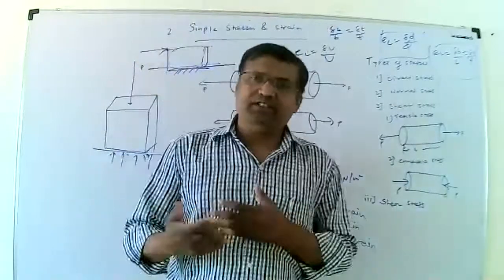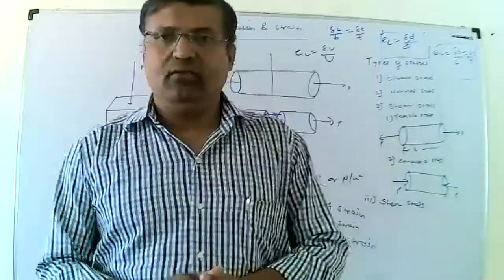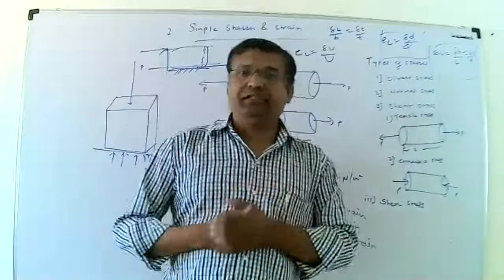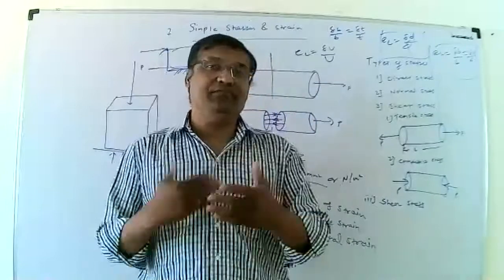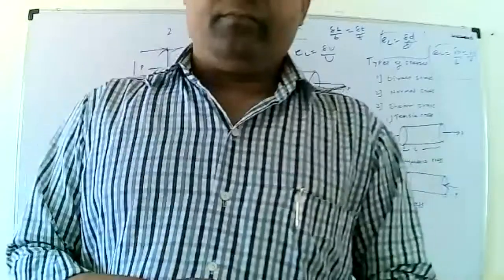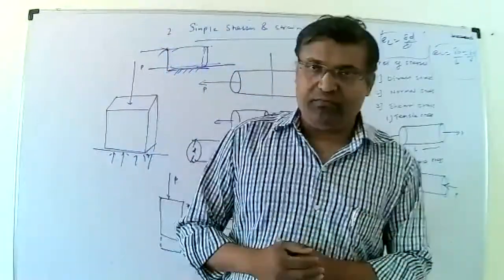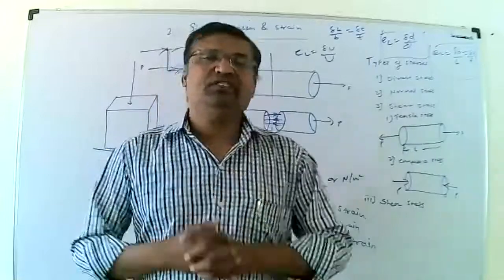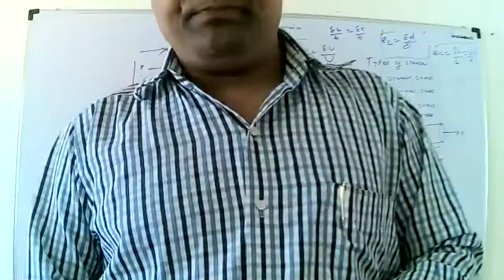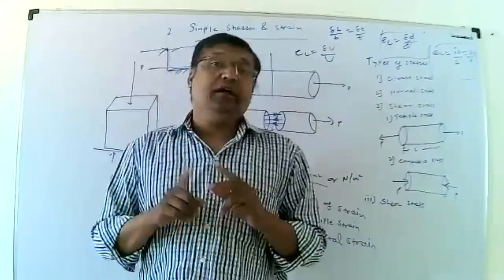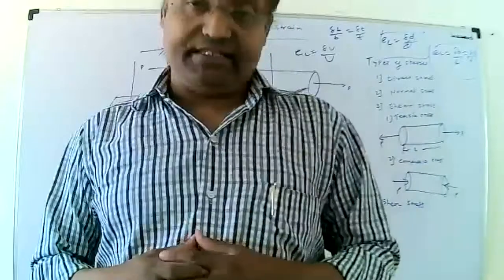In the opposite case, plasticity, if the external load acts, the body will be deformed, but that deformation is permanent. It will not come back to its original position. That is the difference between elasticity and plasticity.